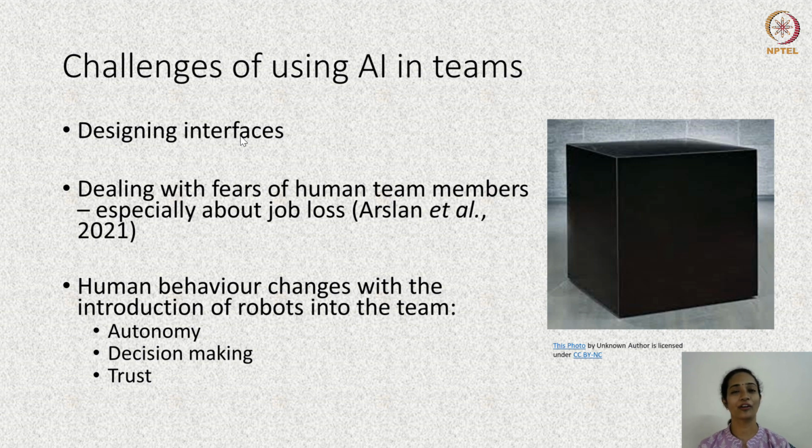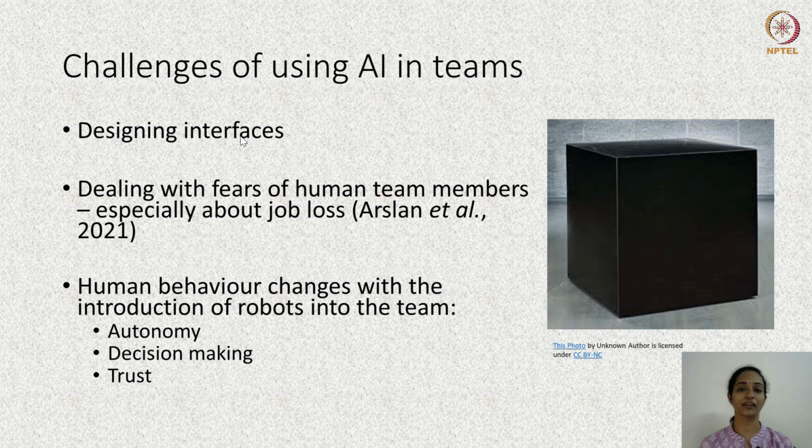Also, we rely on a lot of non-verbal communication to give information to our current human team members. We cannot expect the same from AI. Therefore, our researchers are currently looking at designing interfaces which make the interaction between the humans and the AI as effortless and as error-free as possible.